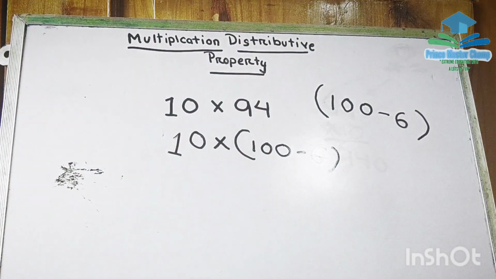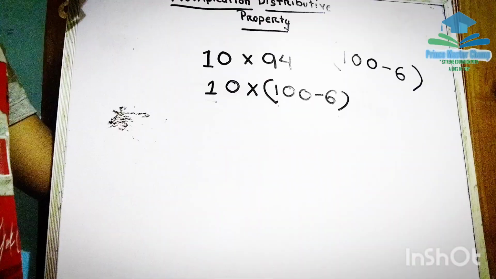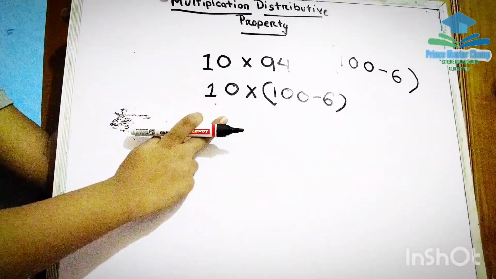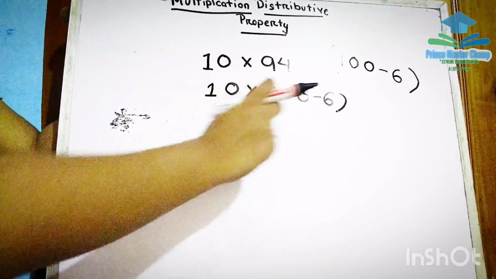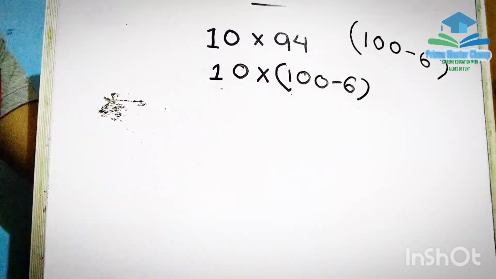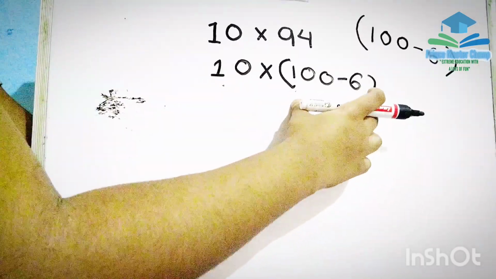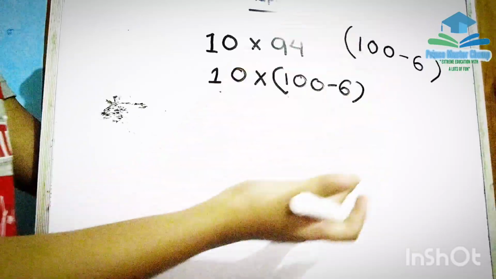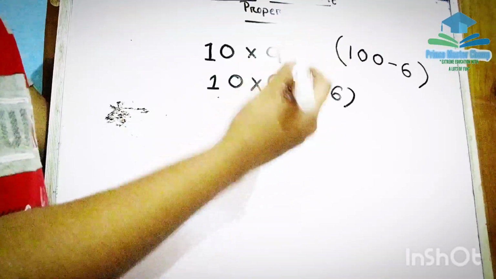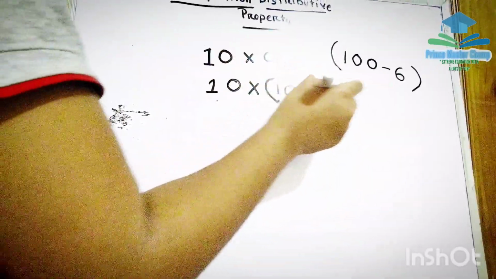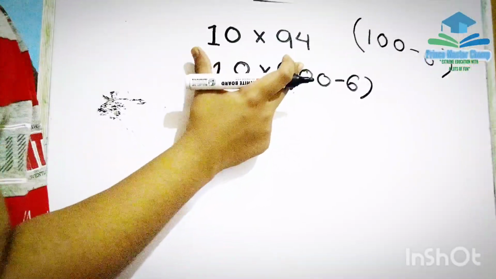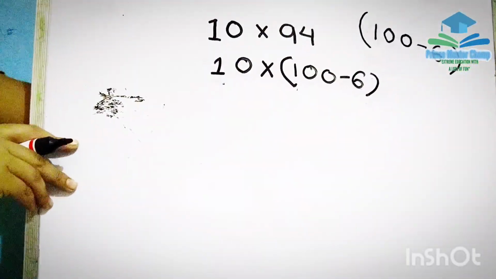Once you have got your equation, 10 into (100 minus 6), if you know the BODMAS rule, then you must know that 100 minus 6 can be simplified and we will get 94. When we solve this equation, we multiply this term and then find our answer.